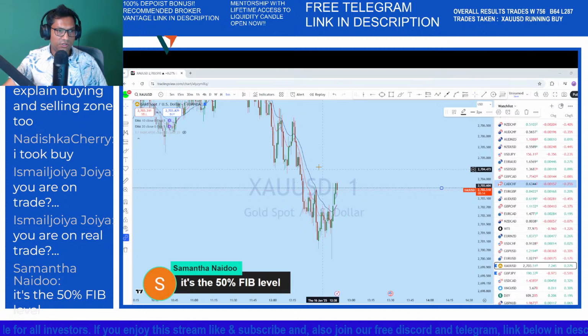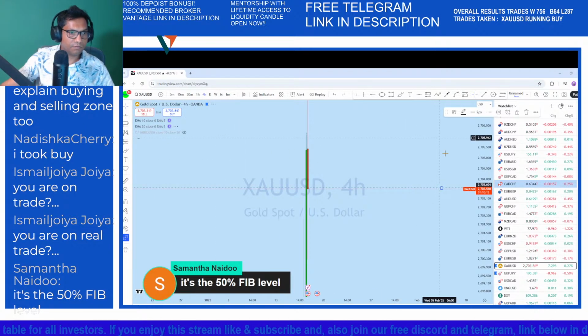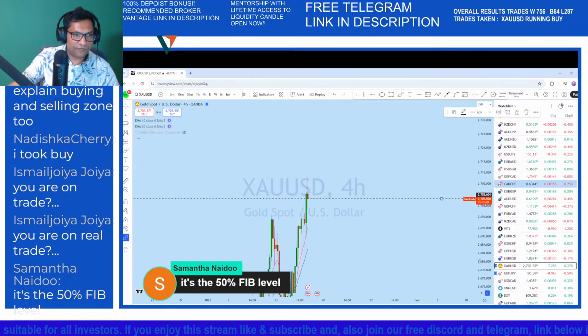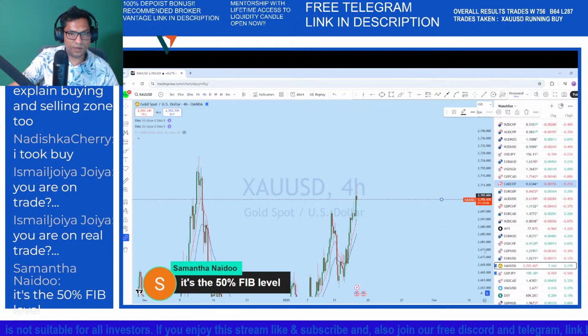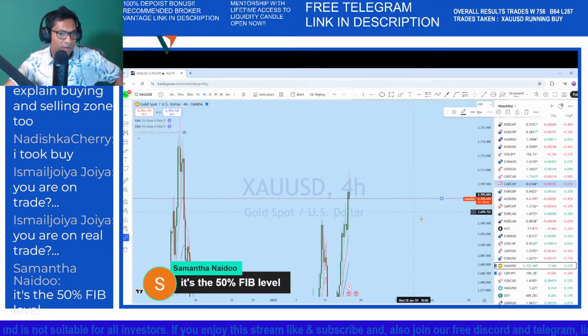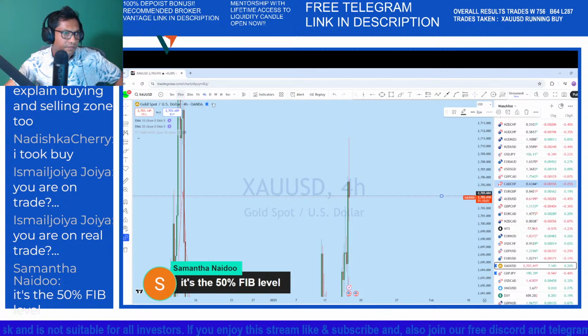Yeah, this is where you see that on the 4-hour time frame, the market has dropped to the support and has got back up again from that level.